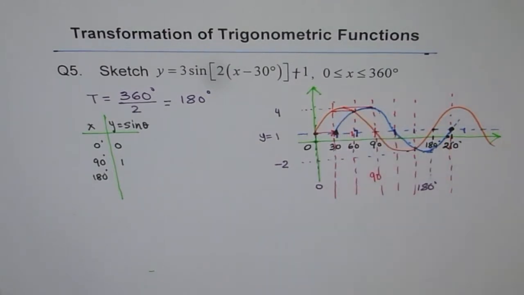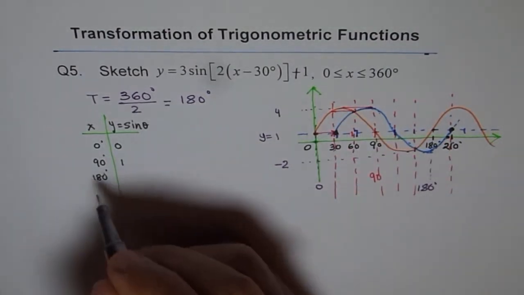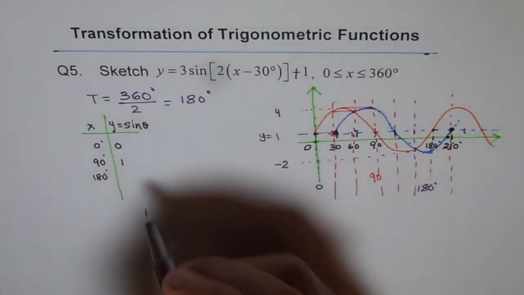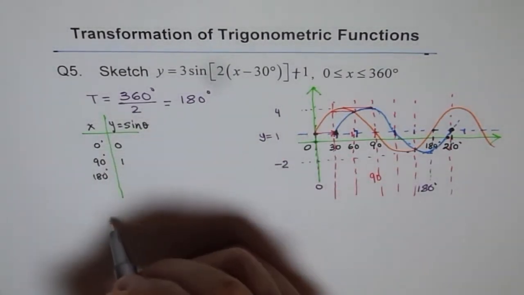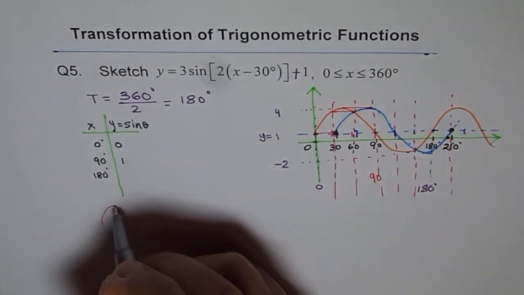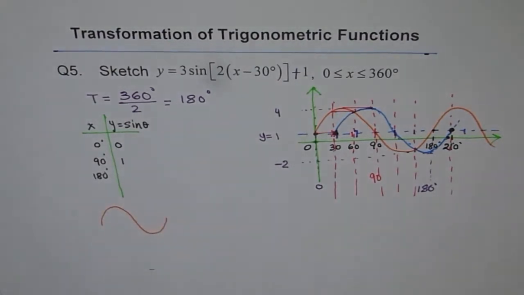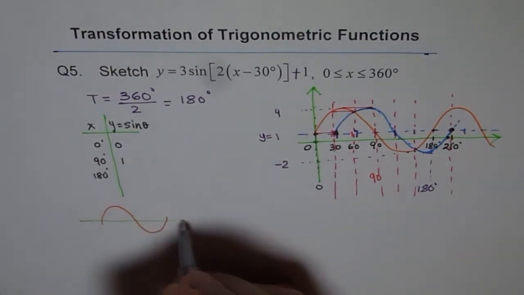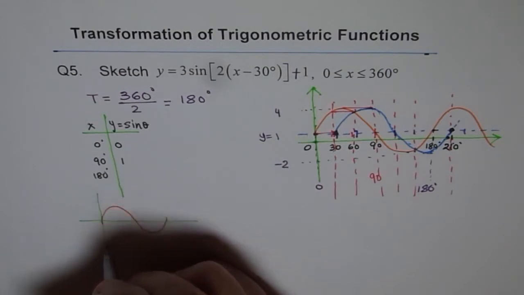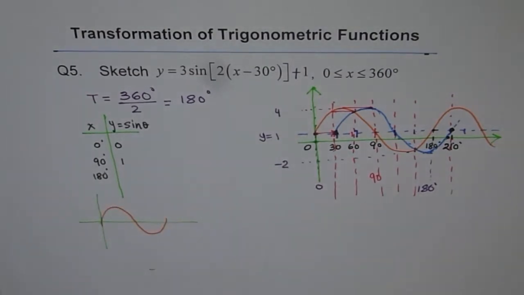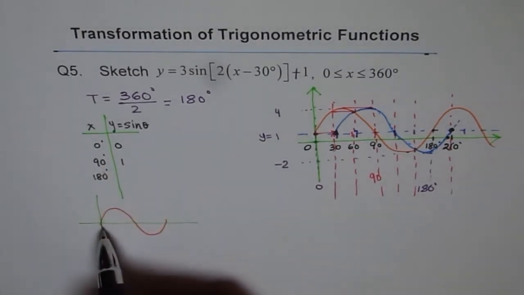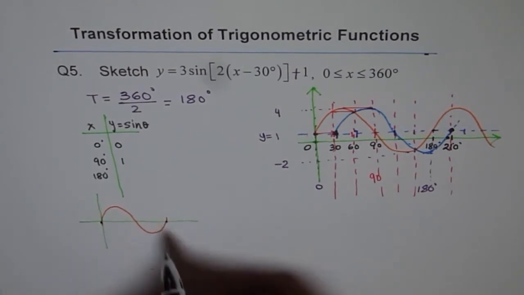At 180 degrees, let me sketch one here for you. So we'll just do it here. It helps. So that's your general sine function. The critical points here are from 0 to 360 degrees.